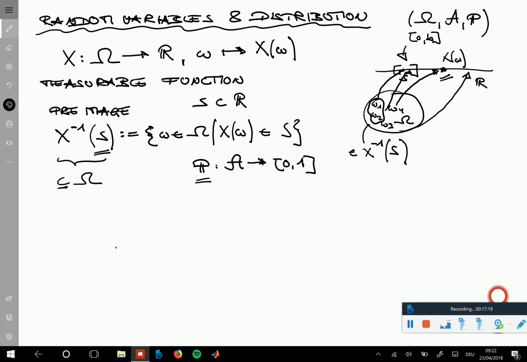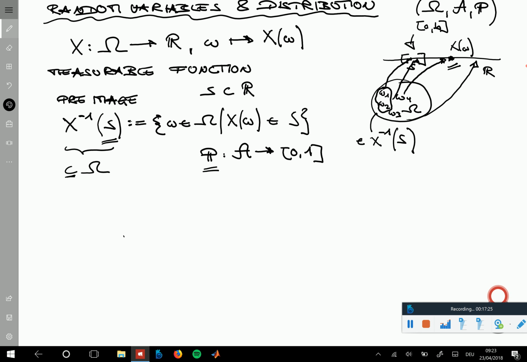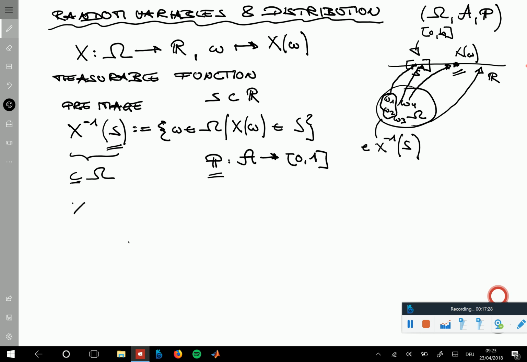So one can define then a measurable function as a function such that all preimages, which are sets, are elements of the sigma algebra of the underlying probability space for all subsets of, in this case, the real numbers.